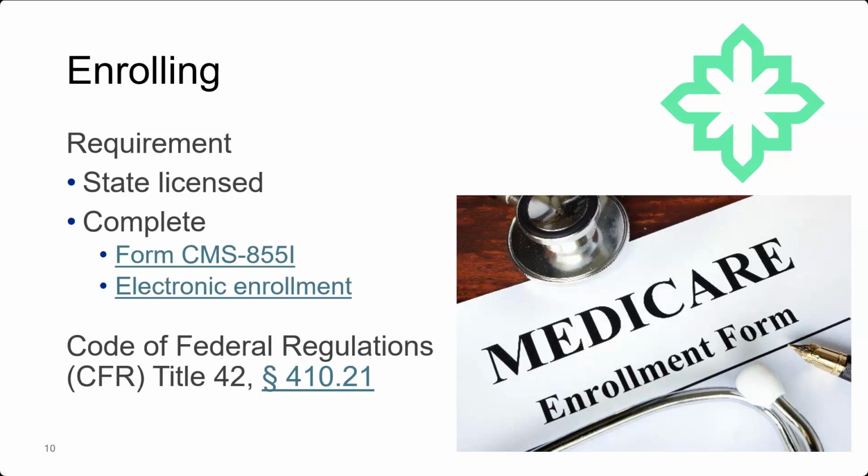Okay, so we want to make sure you're aware of where this Code of Federal Regulations is in this section. This is a link. If I simply select the 410.21, and I have downloaded the PowerPoint, it will open the Code of Federal Regulations area that you need to go to.